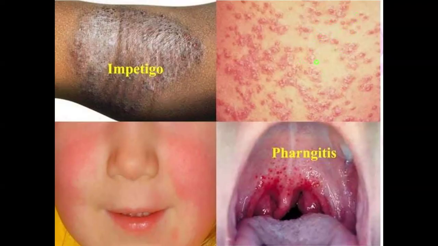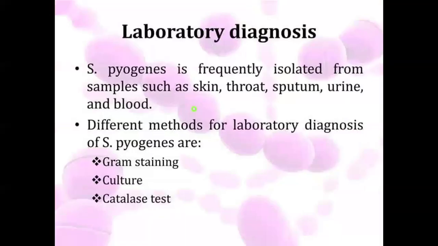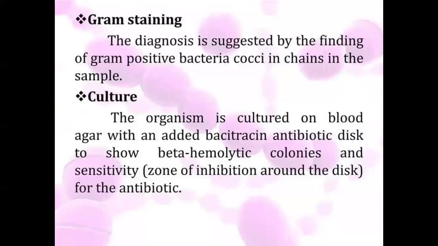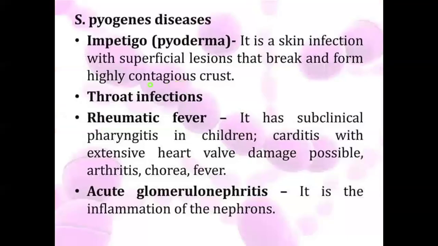So it's usually a patient who has a sore throat, then they get rashes, known as scarlet fever. And as you can see here, the rash on the face in this child, and then pharyngitis, which is inflammation here.